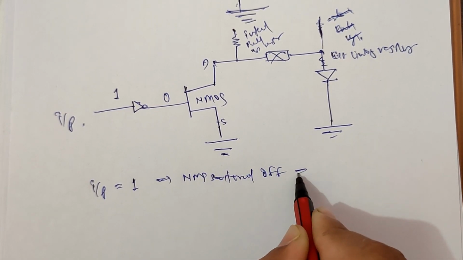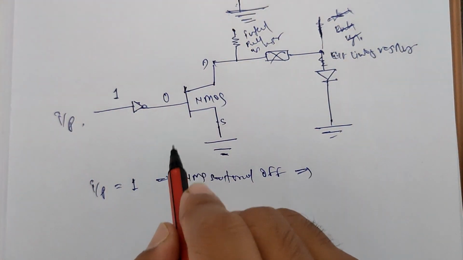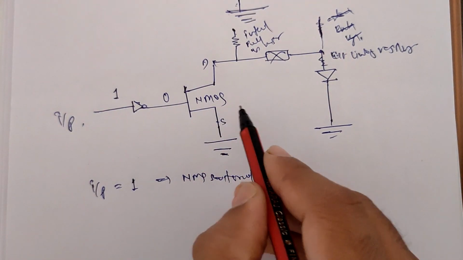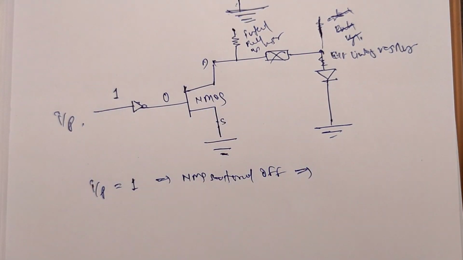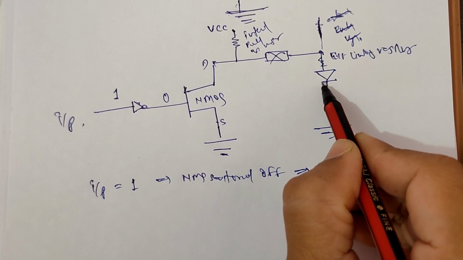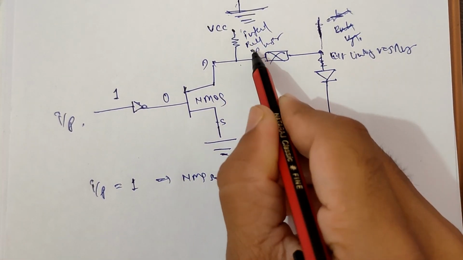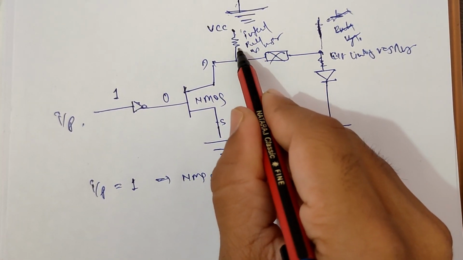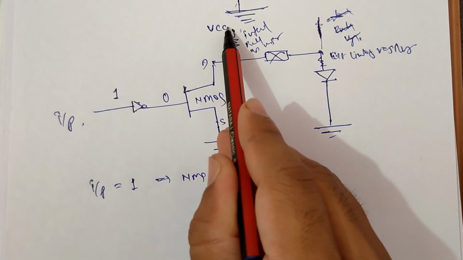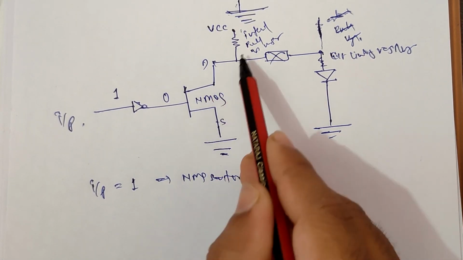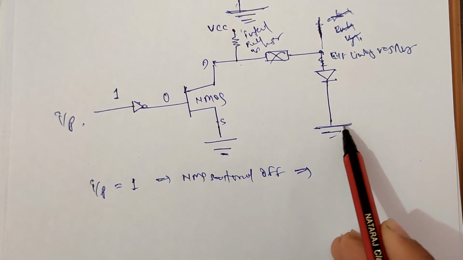Okay, this NMOS will get turned off. So the LED gets driven by this VCC through the internal pull-up resistor. Okay, we can see here I am getting VCC. This is turned off, and ground here.